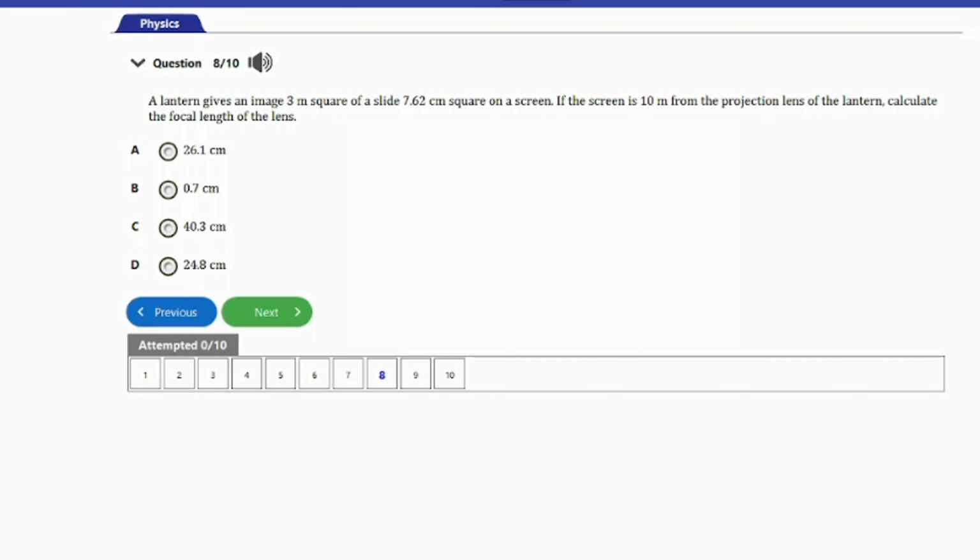So guys, in order for us to solve this together, let's recall the equation of magnification that shows the relationship between height of image, height of object, and distance of image, distance of object. So guys, we have that height of image over height of object is equal to the distance of the image over the distance of the object.